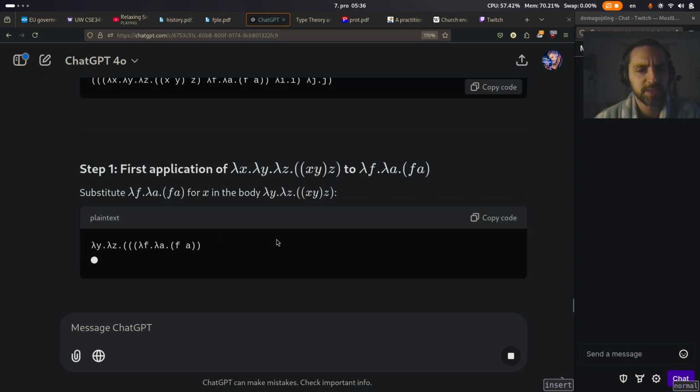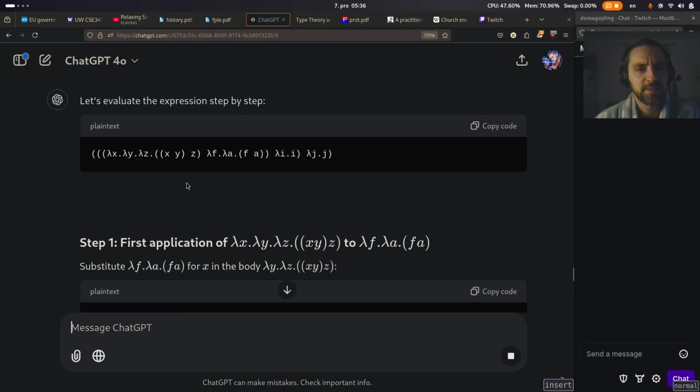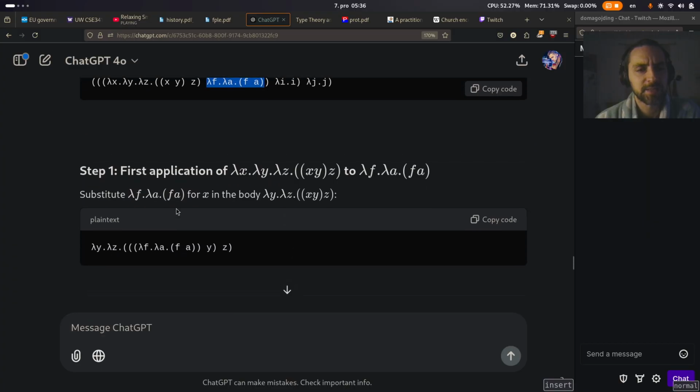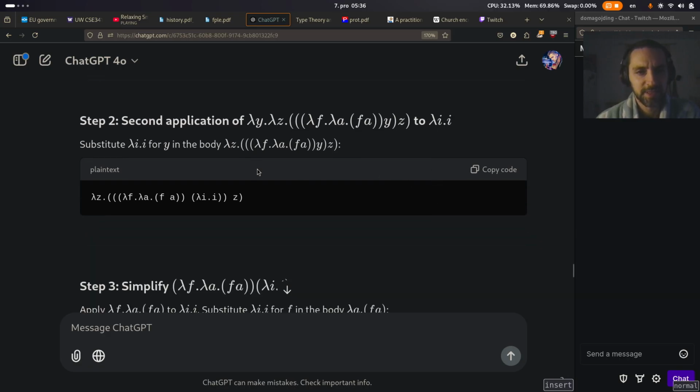Okay, first application of lambda x, lambda y, lambda z, substitute fa. Right, that's what we did. We first substitute this with the lambda x in the body, right? And then we get lambda y, lambda z. We get this, right? Second application to lambda i. That's what we did. Substituted for the y.